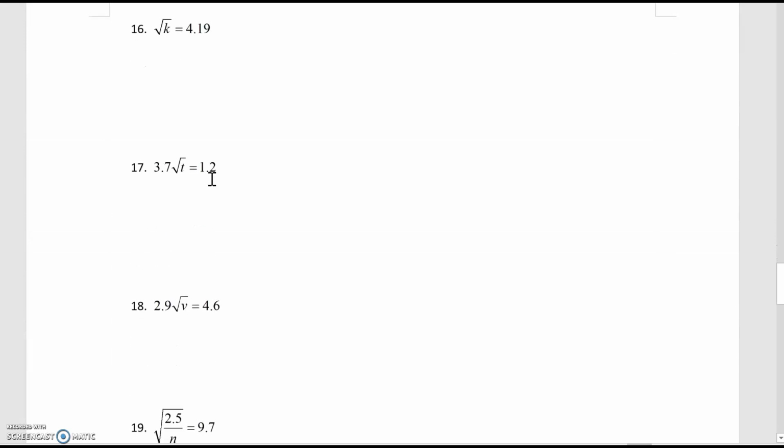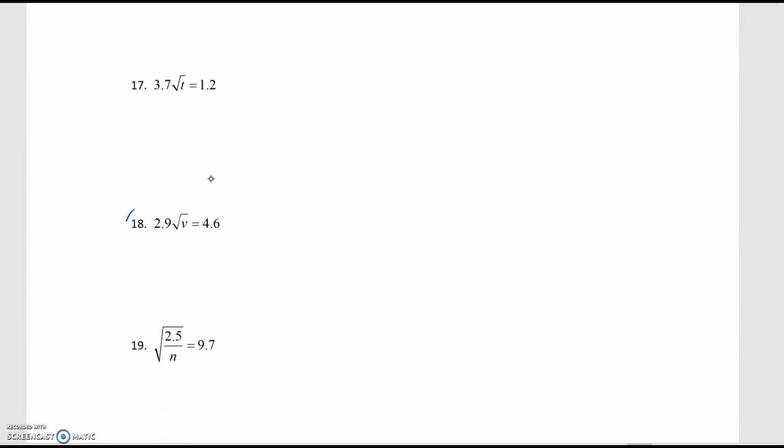Let's do number 18. Okay, so this has two steps. I've got 2.9 times the square root of v equals 4.6. Think of this like layers of an onion, where you peel away the outer layer first, and then you get to the inner layer, and so on and so forth.